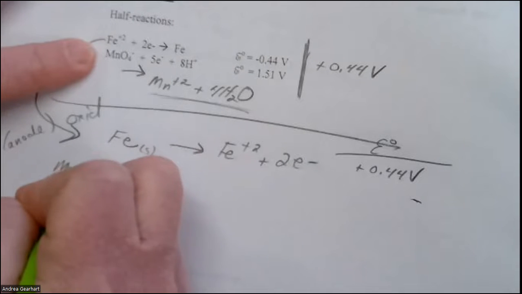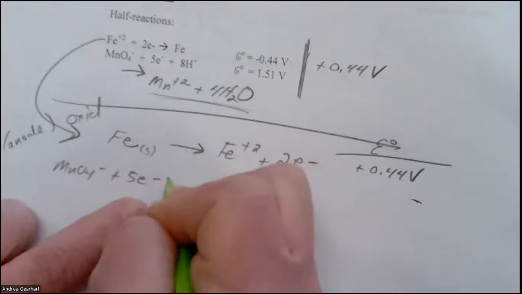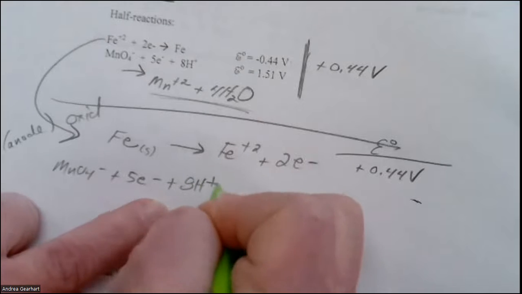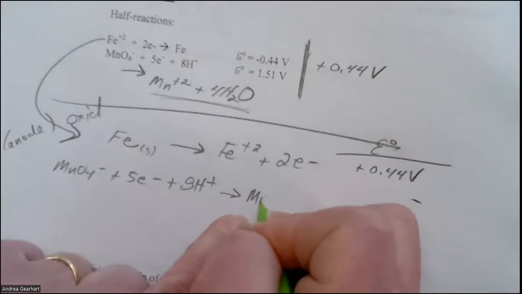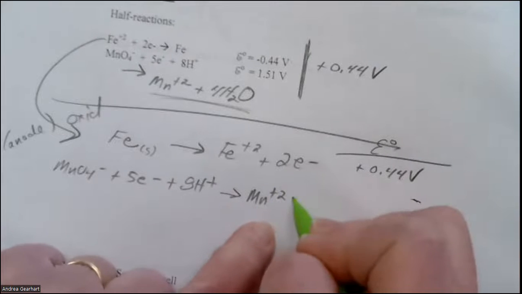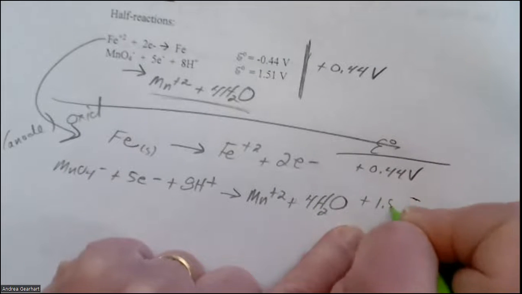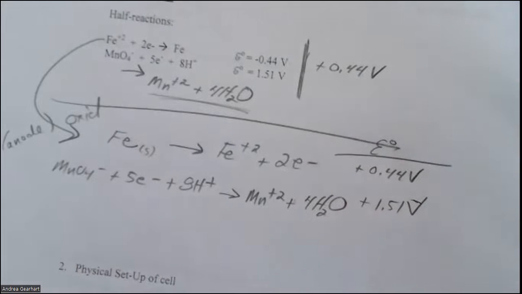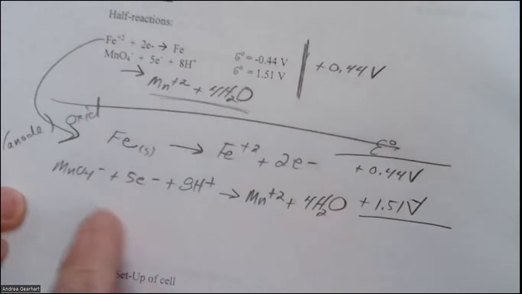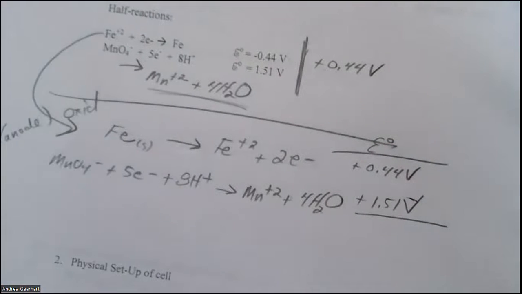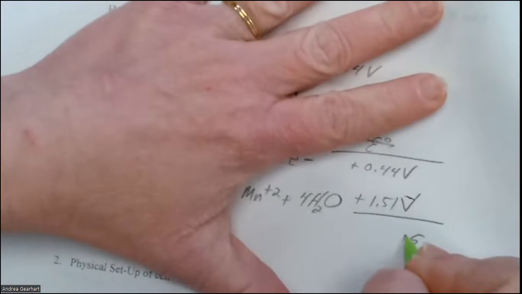And then the permanganate will need 5 electrons along with some acid, and I will be making manganese +2 and some water in that half cell, and that'll be 1.51 volts. Even if we need to manipulate this in any way, I know that I will just add these.